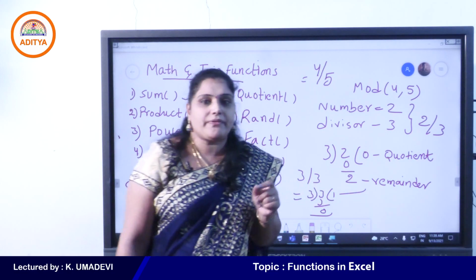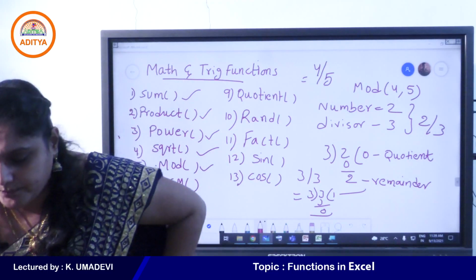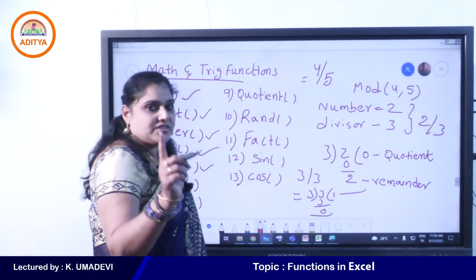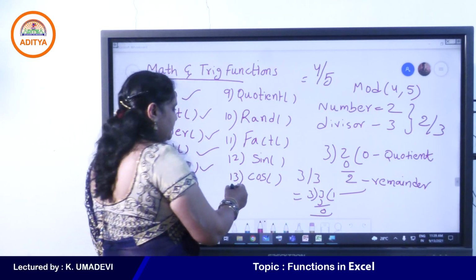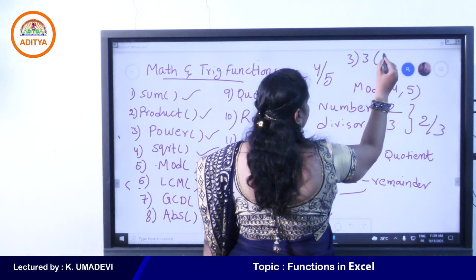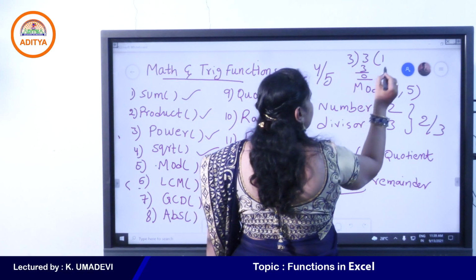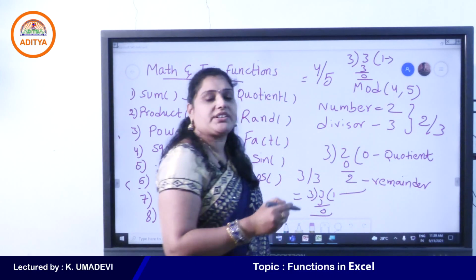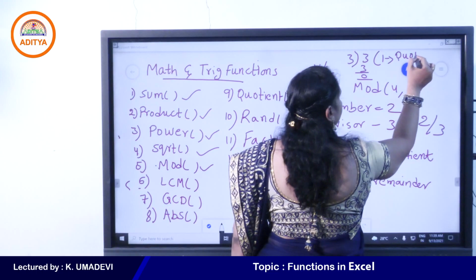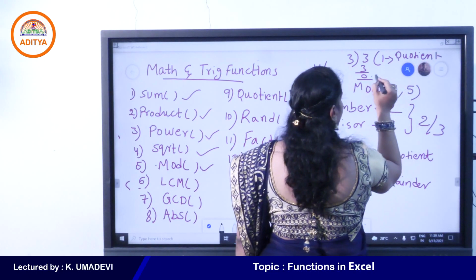So what about 4 by 5, students? See here 3 by 3 is equal to 1, so just observe this example, students. Here 1 is nothing but quotient, right? So what about 0? This is remainder.